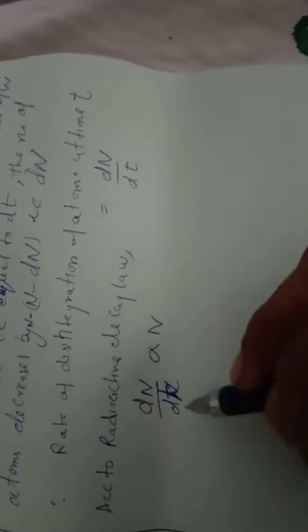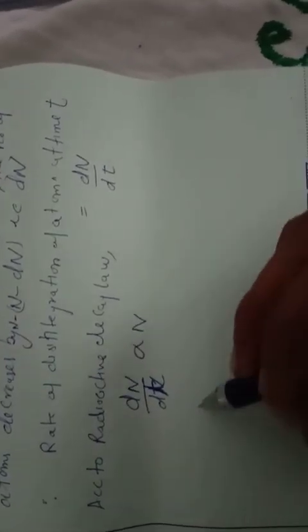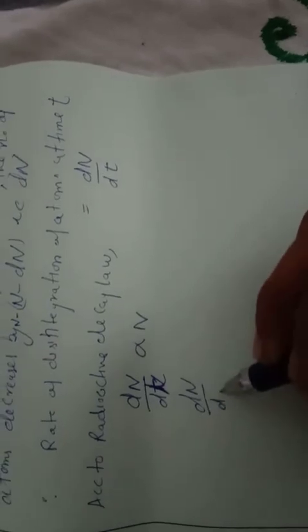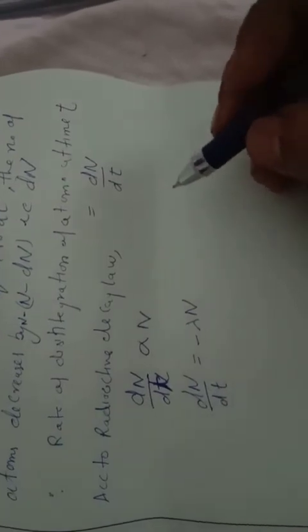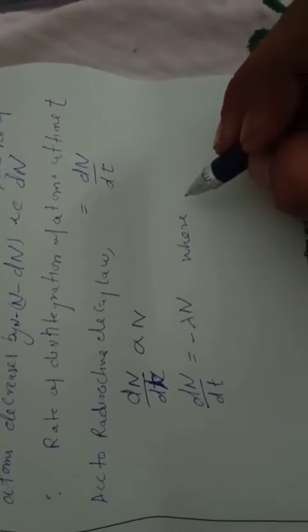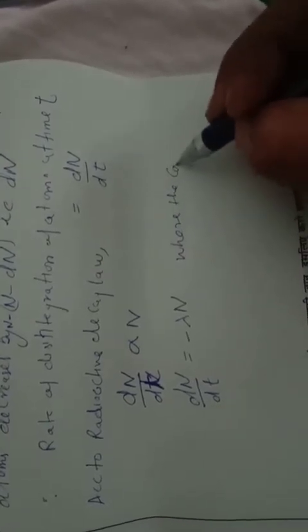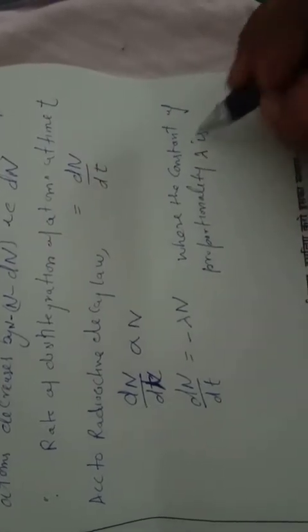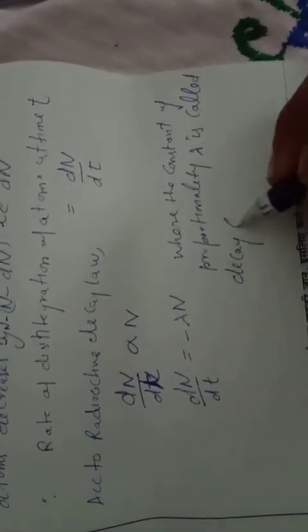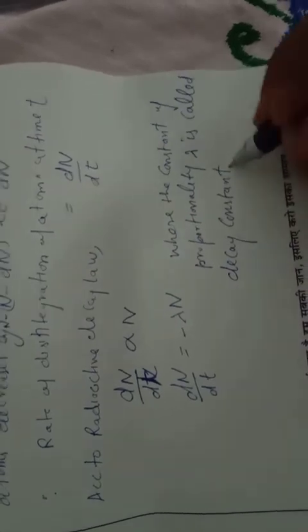So dn upon dt is equal to minus lambda n, where the constant of proportionality lambda is called decay constant.